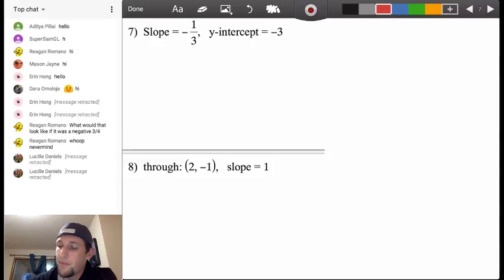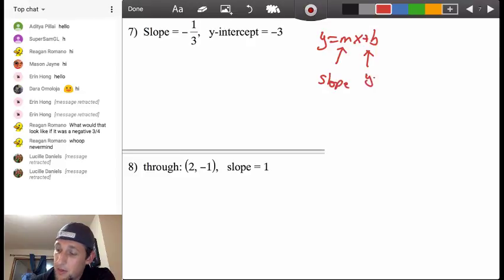In this first one, y equals mx plus b is for sure the best thing that you should use. That's because the only numbers you have to put in are the slope and the y-intercept. And guess what? You have both those things already.